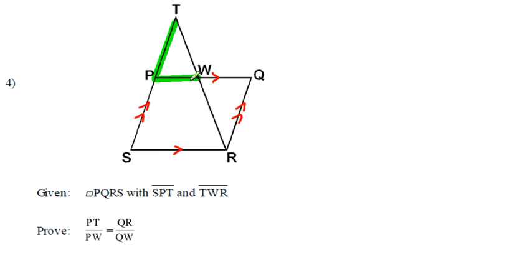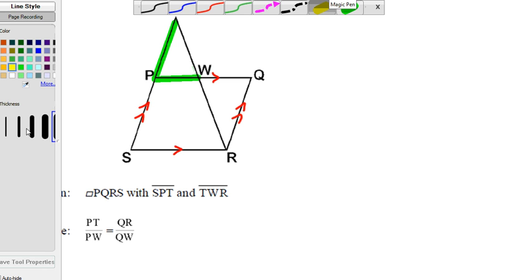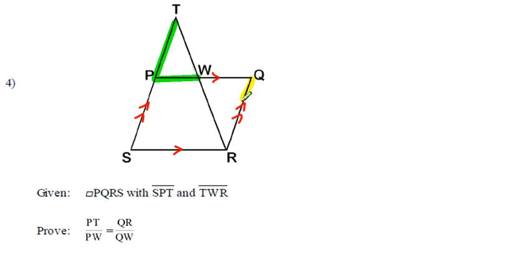And obviously we're looking at the upper triangle, and that ratio has to match with QR, which is this one, and then QW. So by highlighting, it seems to be quite clear that we need to compare this triangle to this triangle. Let us see what we can do with it.